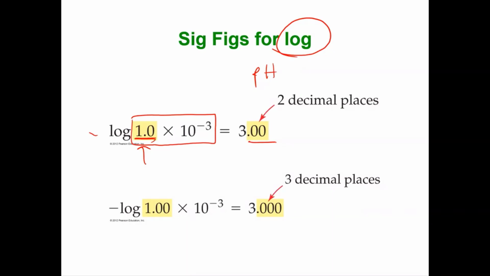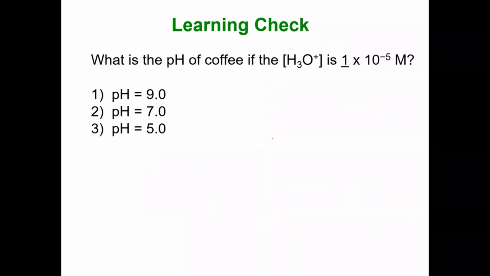So in this particular calculation, there are 3 sig figs, so I go 3 sig figs after the decimal. Whenever you go from concentration to log, the sig figs go after the decimal.